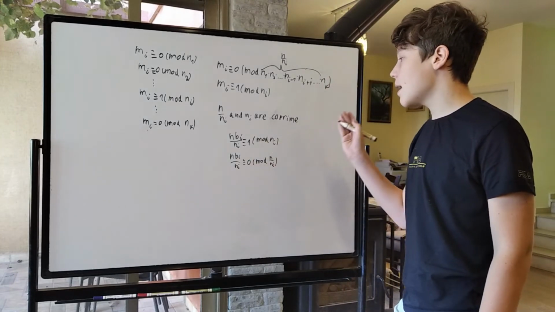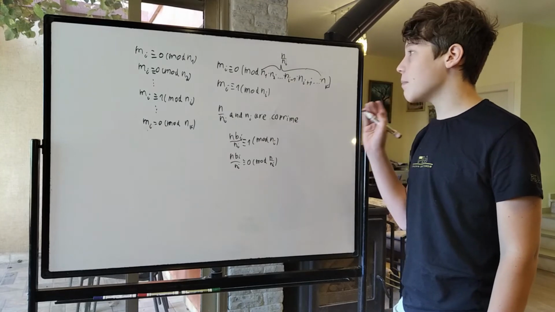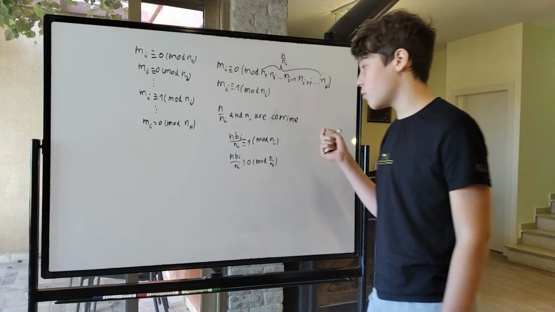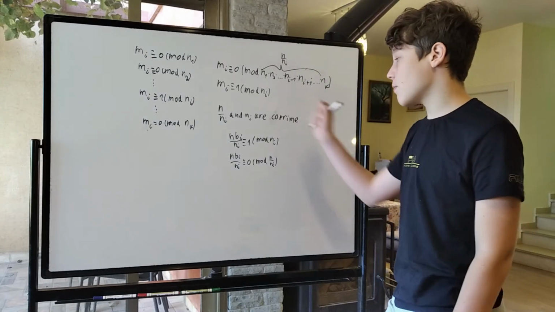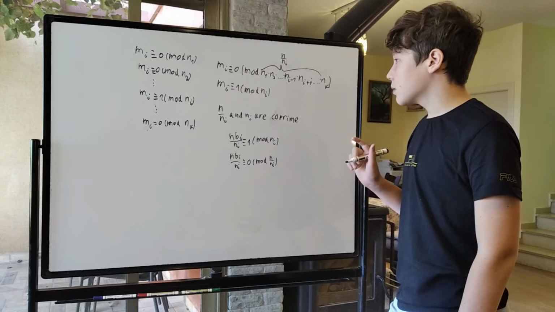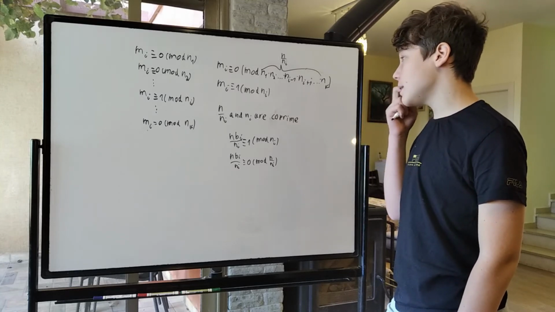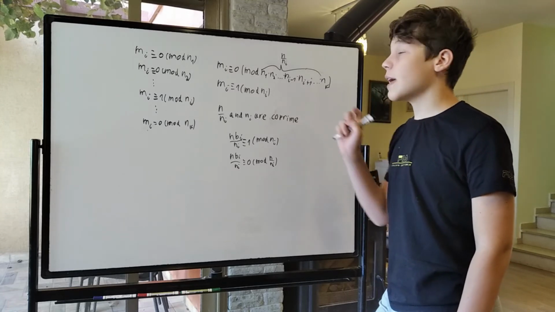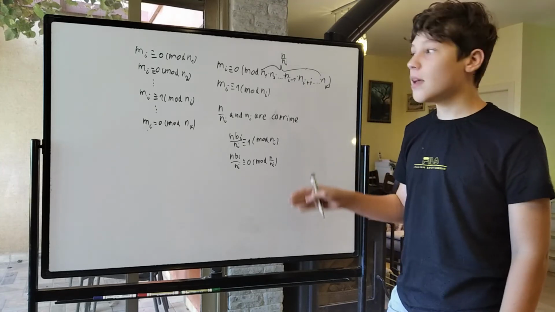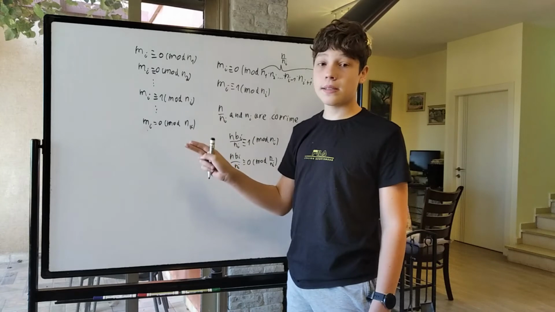That's our number. Our number mi is equal to n times bi over ni, where bi is the inverse of n over ni mod ni. So now we proved the existence of mi. So we know for all i between 1 and k, mi exists.